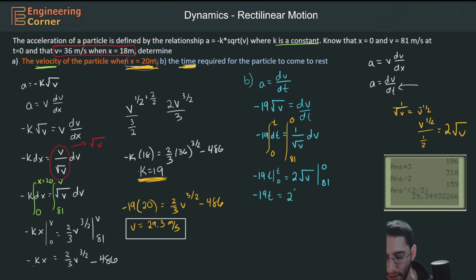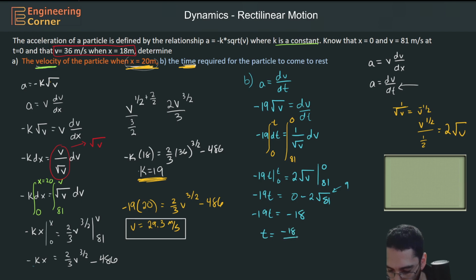The square root of 0 is 0. So we'll just have 0 minus 2 times the square root of 81. Well, the square root of 81 we know is going to be 9. And so minus 19t is equal to minus 18. We'll have t is equal to minus 18 over minus 19.